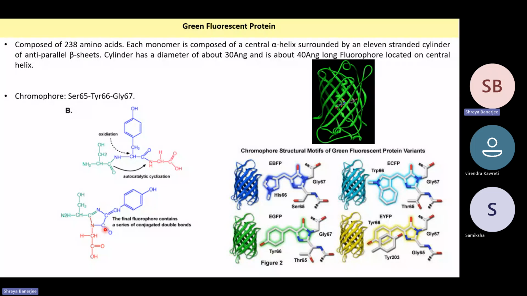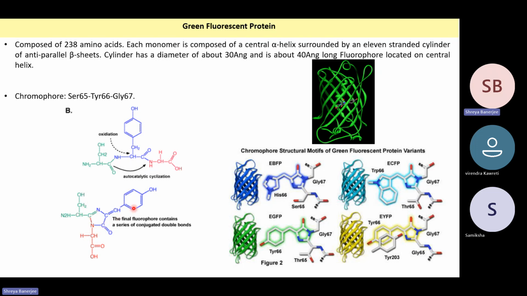When you have a system with alternating single and double bonds, it shows very nice fluorescence. So green fluorescent protein is a characteristic protein which shows very nice green color fluorescence, and it shows this fluorescence because of these three amino acids. They form a cyclic moiety like this.